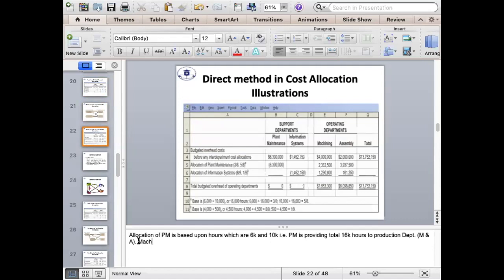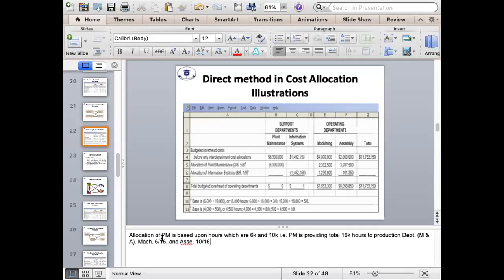For machining, it's 6 divided by 16, and assembly, it's 10 divided by 16.